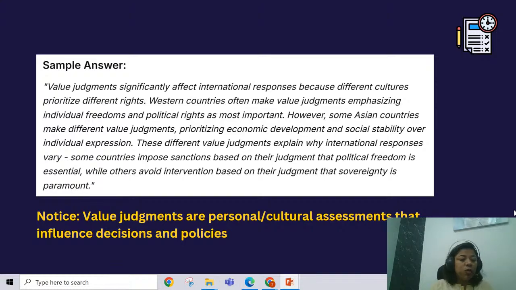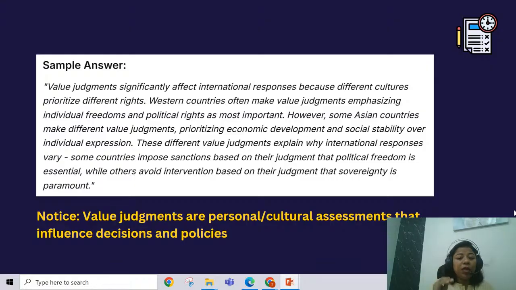These different value judgments explain why international responses vary. Some countries impose sanctions based on their judgment that political freedom is essential, while others avoid intervention based on their judgment that sovereignty is paramount.